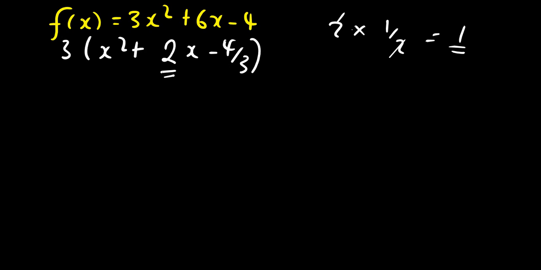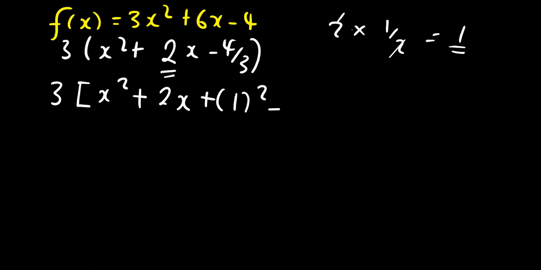So we have 3 times x squared plus 2x, then half, which is 1, you square it and you also do minus 1 squared, like that, minus 4 over 3. That's what will take you back to your original expression.